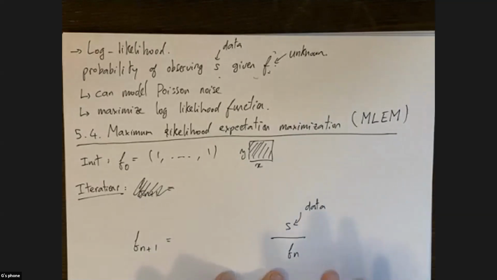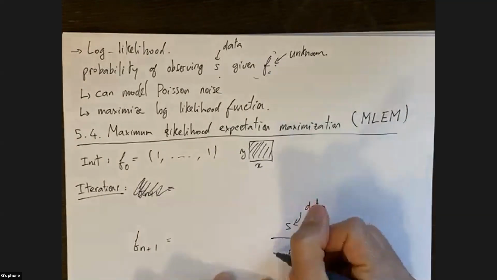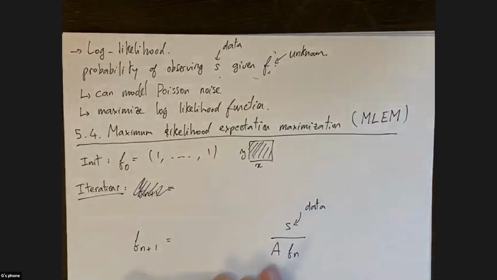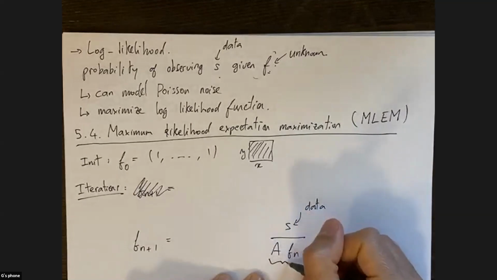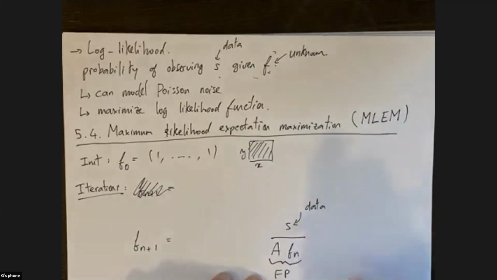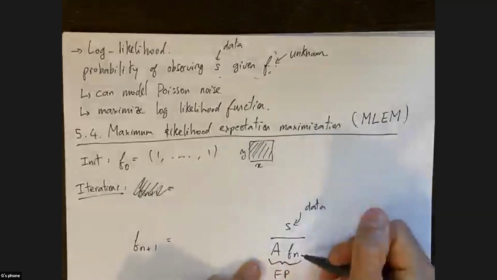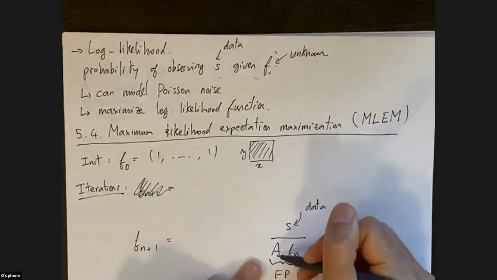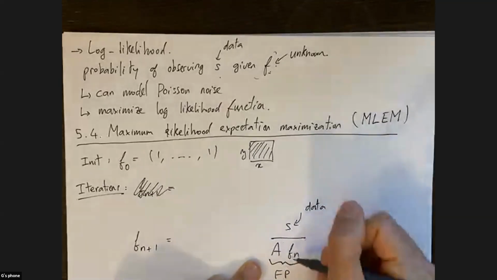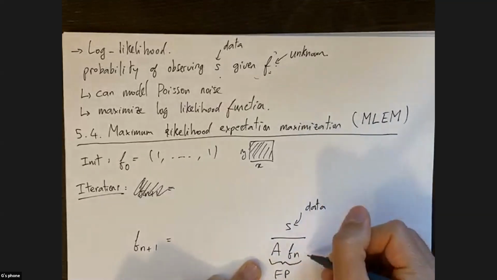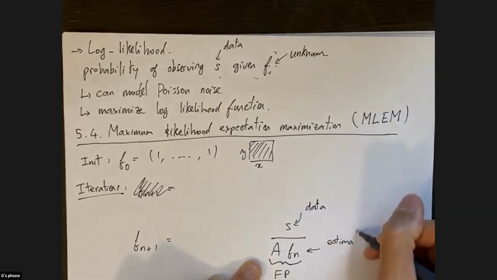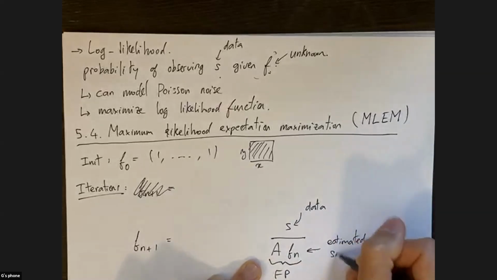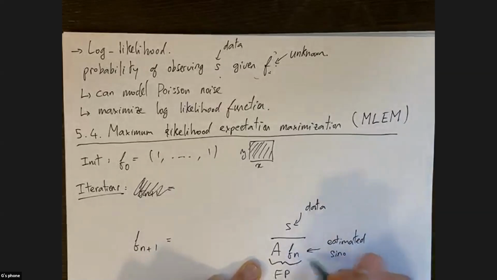So the MLEM algorithm is going to do this operation first. We're going to apply matrix A to the current image estimate, and this is a forward projection. We're projecting the current image into a sinogram, so we're getting an estimated sinogram.